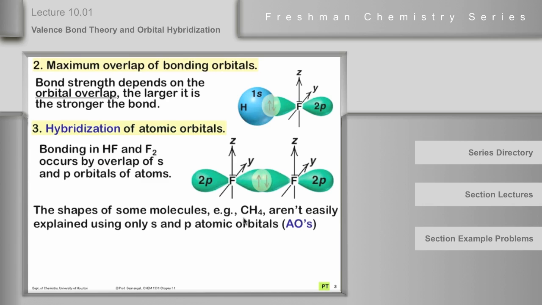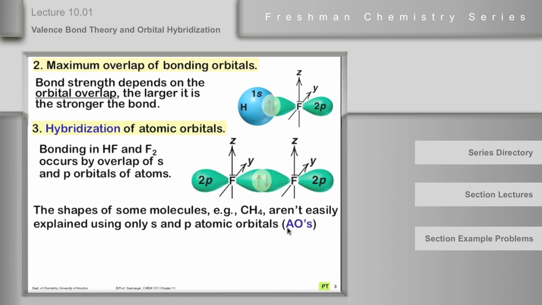But there are other molecules, like methane, where carbon doesn't have the right set, or an optimal set, of orbitals pointing towards the corners of a tetrahedron where we know the hydrogen atoms in this molecule are. So using only s and p atomic orbitals, the description of the bonding is unsatisfying and we would say unsuccessful.